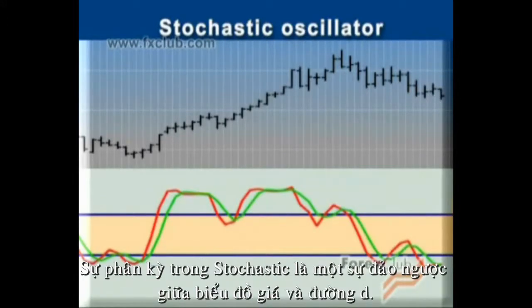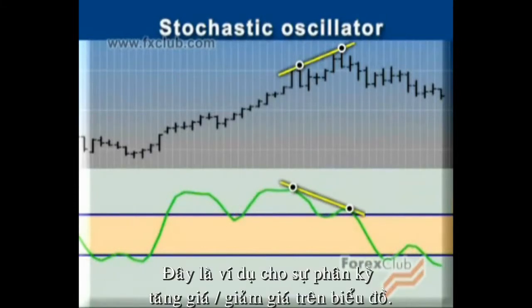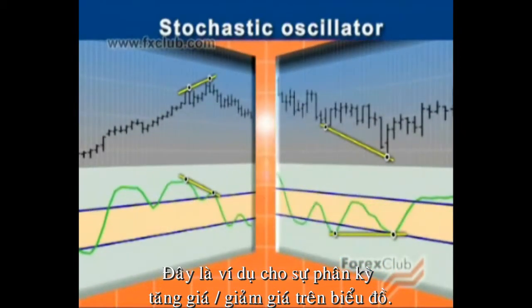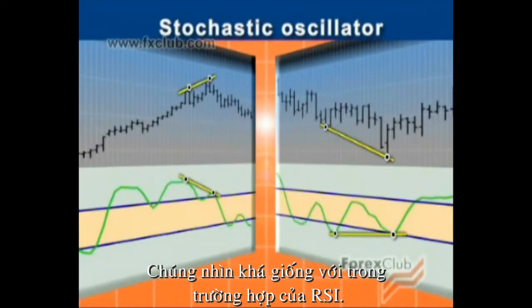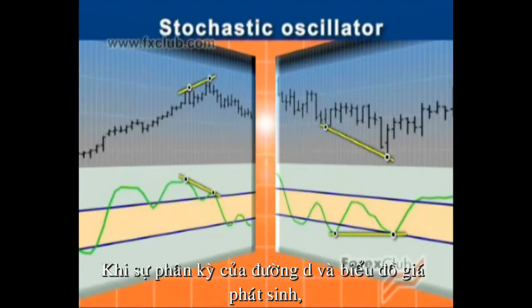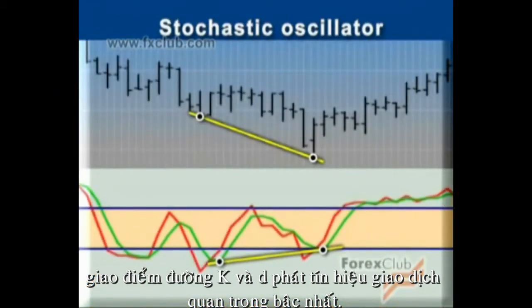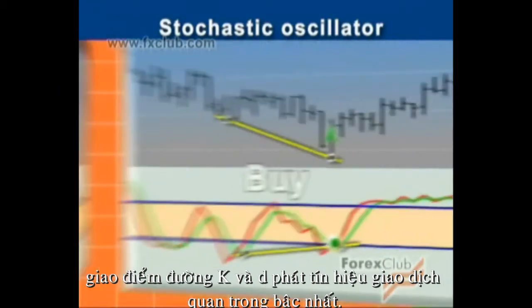Divergence in stochastic is a discrepancy between the price chart and line D. There are examples of bullish and bearish divergences given on these charts. They look similar to those of the previous oscillator, RSI. When a divergence of line D in the price chart occurs, the crossing of lines K and D gives a most significant trading signal to buy or sell.